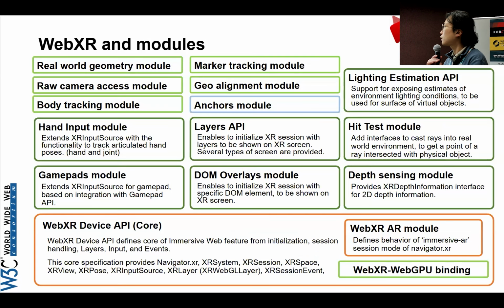So this is a current overview of the WebXR stack. At the bottom of the WebXR stack is the WebXR Device API. This is sometimes called the core API, which defines JavaScript modules on top of OpenXR. So this connects OpenXR into JavaScript space.